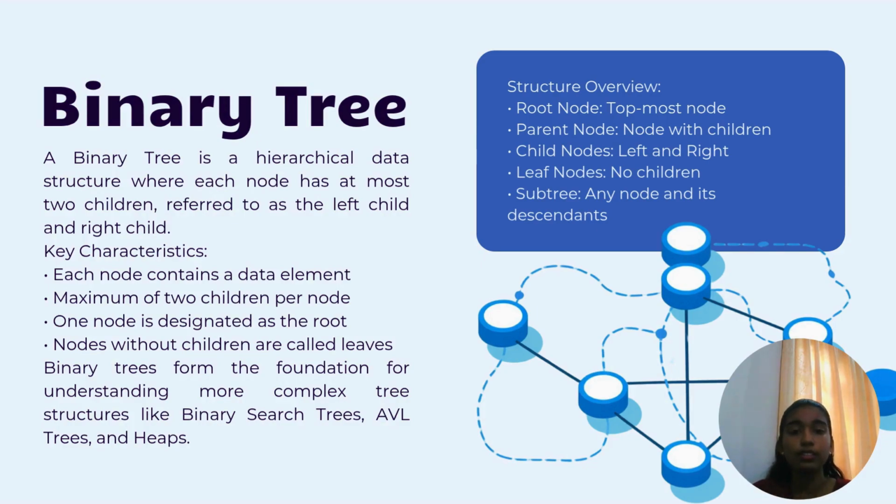Nodes are connected hierarchically, and every node can have up to two children. Binary trees form the foundation of advanced structures like binary search trees, AVL trees, and heaps. So, before understanding BSTs, we must first understand binary trees.